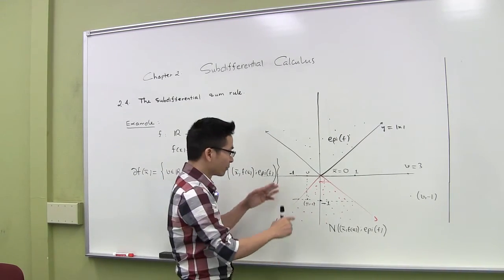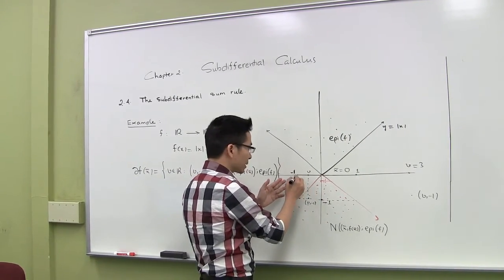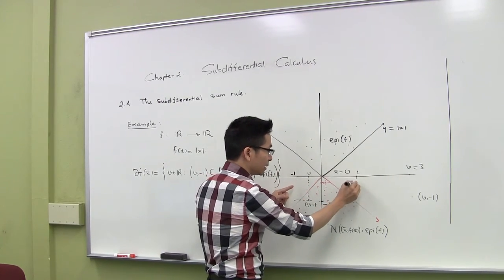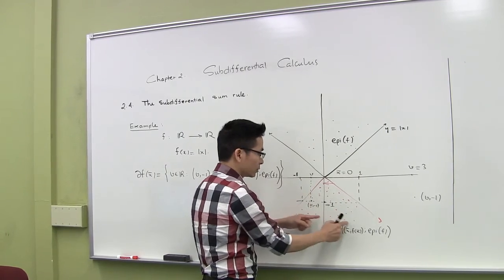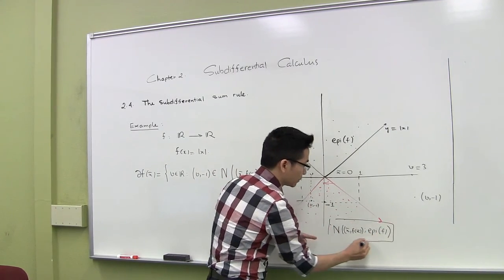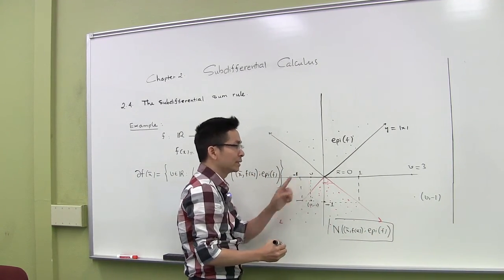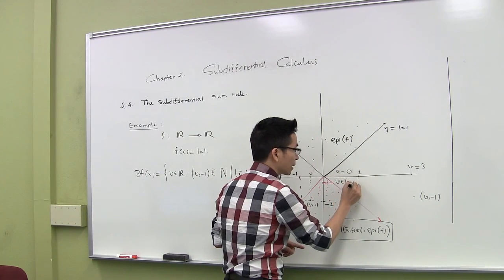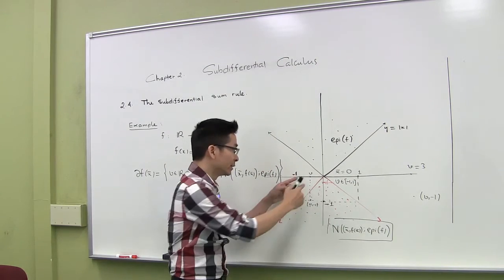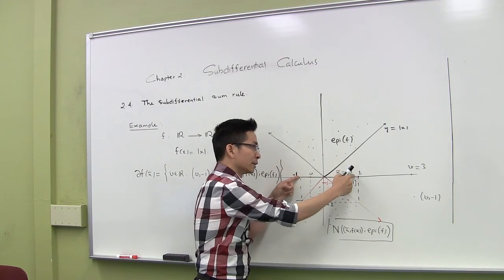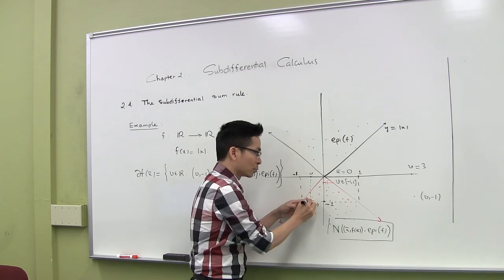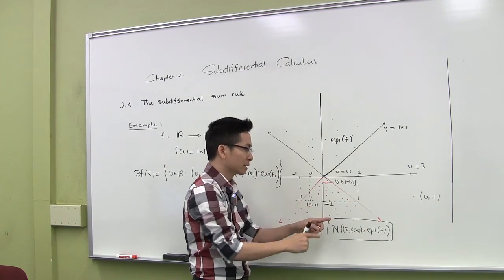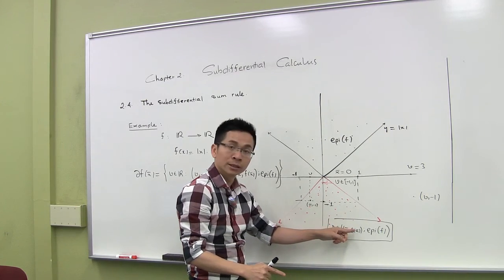Okay. Now from this figure we see that v minus 1 belongs to the normal cone to the epigraph of the function if and only if v belongs to the closed interval minus 1, 1. Okay. So if v runs in this interval, then v minus 1 belongs to the normal cone to the epigraph of the function at 0, 0.